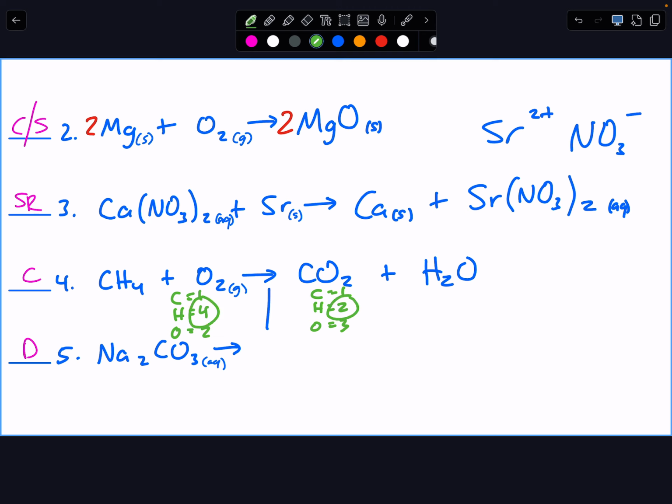There's a 4 here and a 2 here. 2 in front of H2O. So how many H's now? 4. How many O's now? 4. There's 2 here and there's 2 here. Exactly. Perfect. Now what? Put a 2 in front of the O2. Now I have how many oxygens? 4. Everything balanced? Yeah. Perfect.